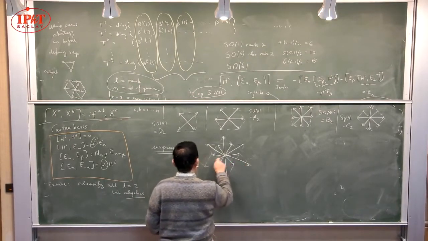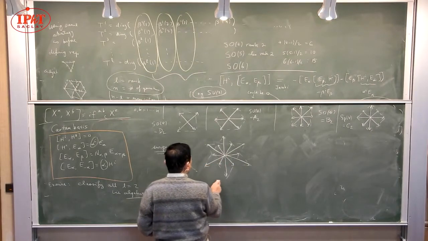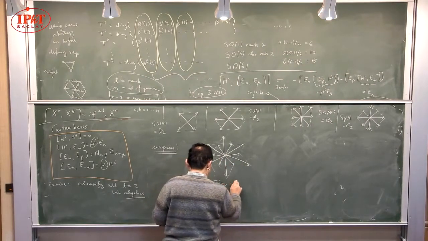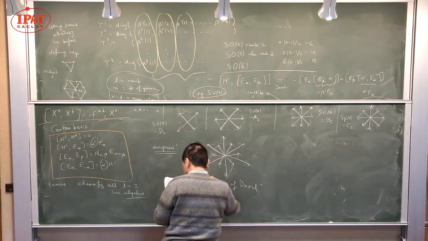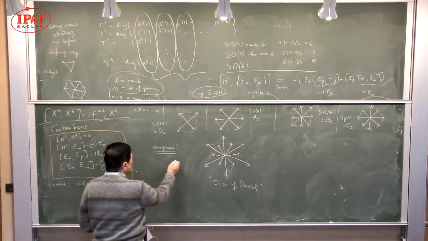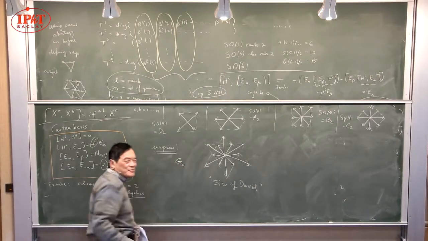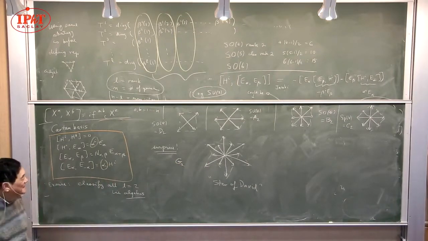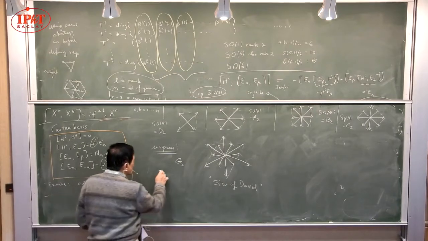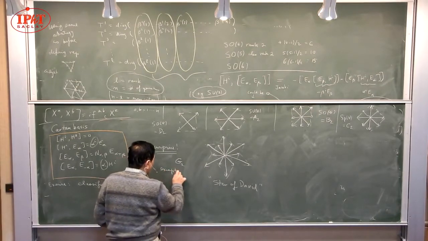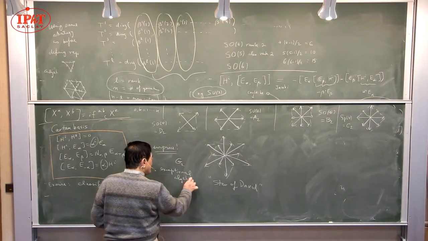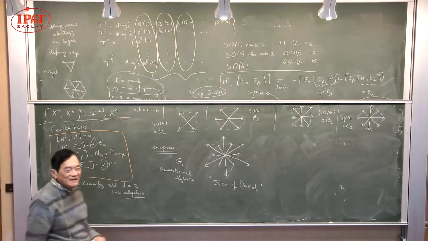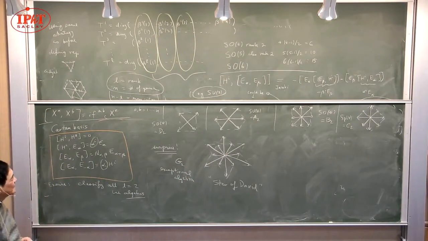So as you know, it's the Star of David. It's the algebra mathematicians call G2, one of the exceptional algebras. And physicists sometimes call it the Star of David algebra.